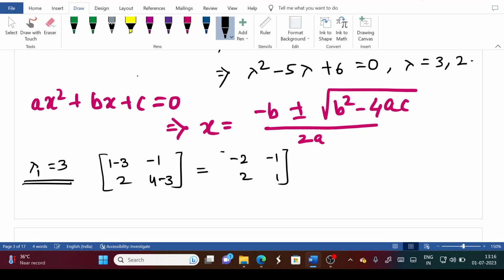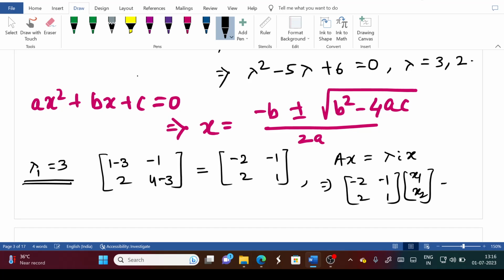It is the matrix. So here Ax is equal to lambda Ix implies [-2, -1; 2, 1] into [x1, x2] is equal to [0, 0].